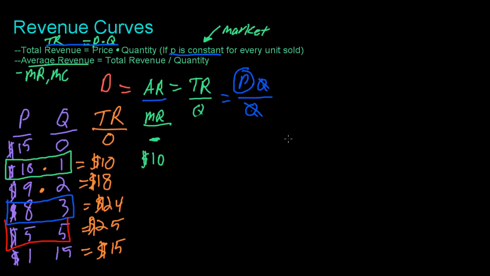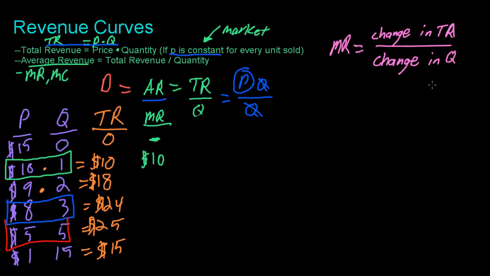But in general, marginal revenue, which I'm going to abbreviate MR, is equal to the change in total revenue, TR, over the change in Q. And I'm going to rewrite that another way.